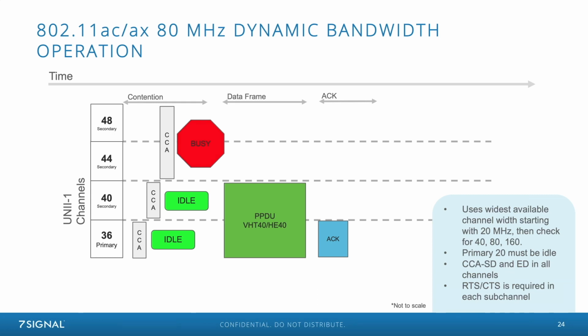Well, it would be a waste if we didn't transmit anything with the primary channel available. So dynamic bandwidth operation lets us say, well, that's okay. Let's do RTS, CTS, that's required as well, just to confirm, but then let's transmit in 40 megahertz, send a 40 megahertz wide PPDU instead of 80. We know some spectrum's available, and we know our stations support the 40 megahertz channel width, so let's just use that.